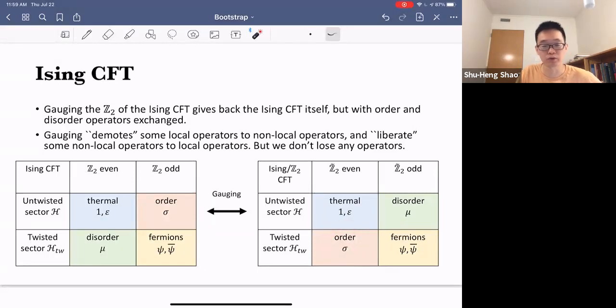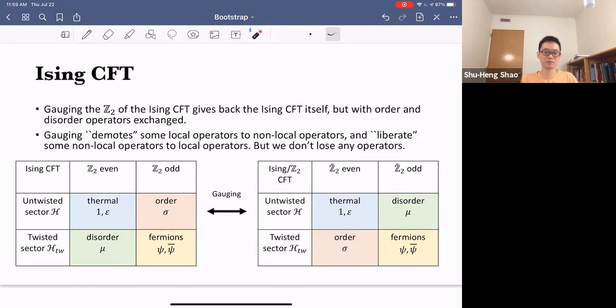Just like when you start with a free fermion and gauge the U1, the electrons live at the end of the Wilson line. So some local operators got demoted to non-local operators. Meanwhile, some non-local operators who used to have strings attached got promoted to local operators in the gauge theory. And then there are some really unfortunate non-local operators who still stay as non-local operators.